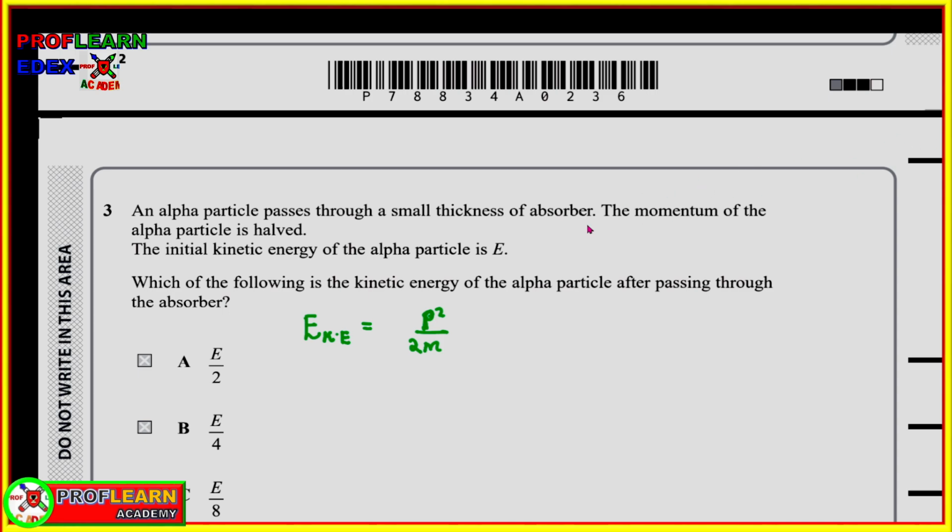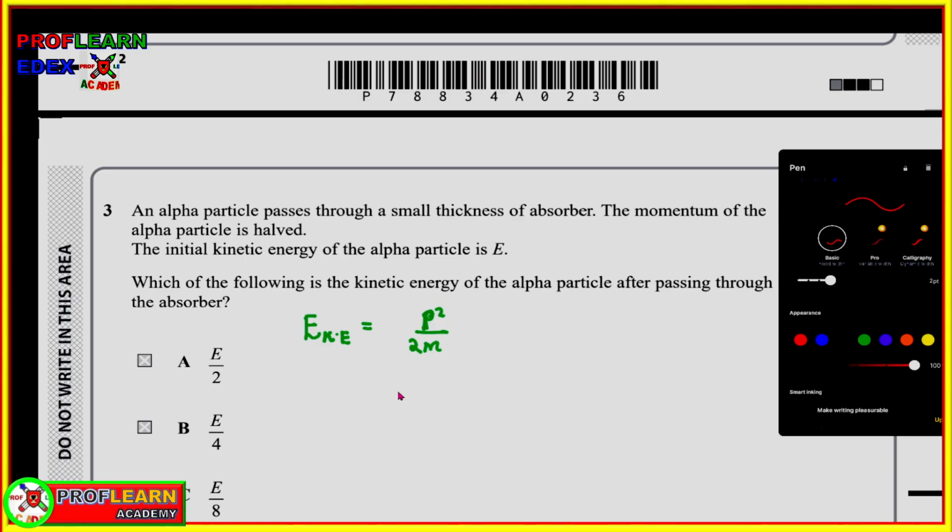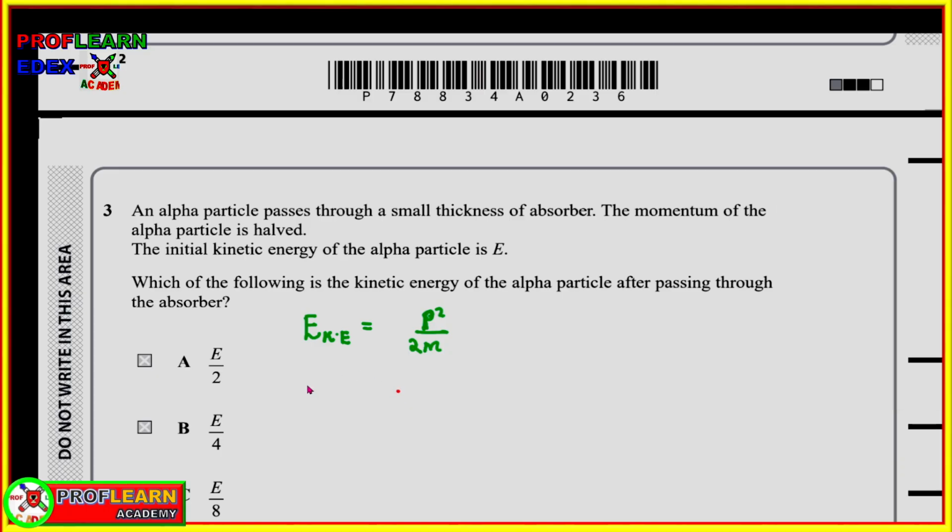So once we have identified that, we are told that for the alpha particle, if p is halved, what's going to happen? If p is halved, because the mass will remain the same, we're going to have (p over 2) squared divided by 2m.